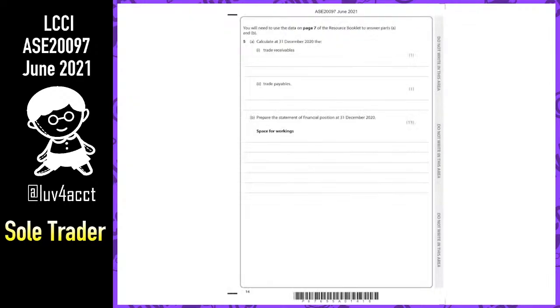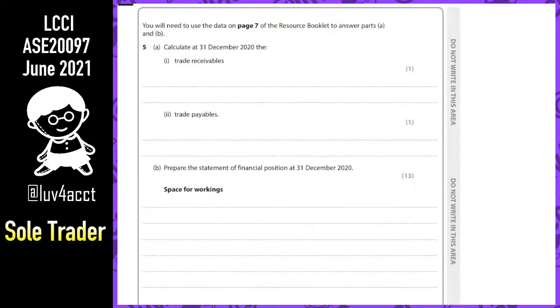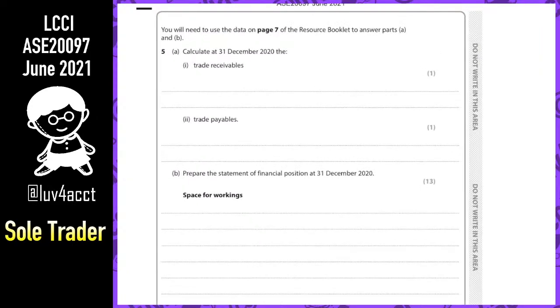So the trade receivables collection period is trade receivables over credit sales, multiplied by 365. You have the collection period.